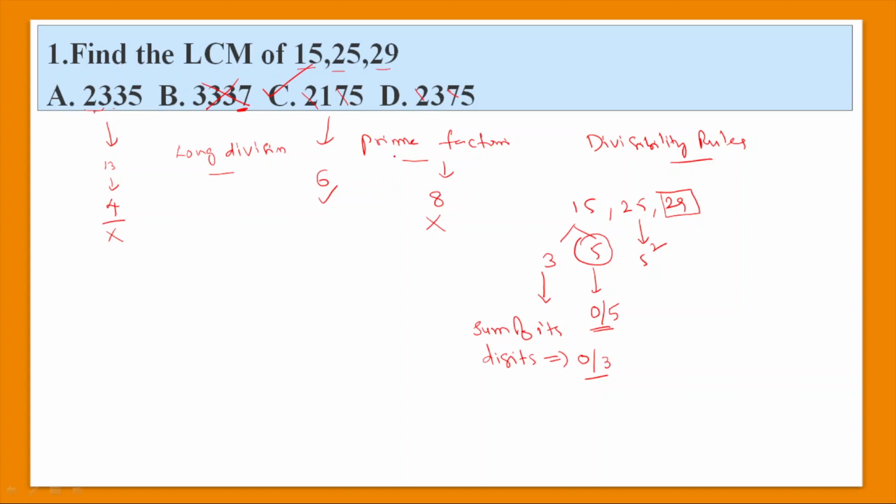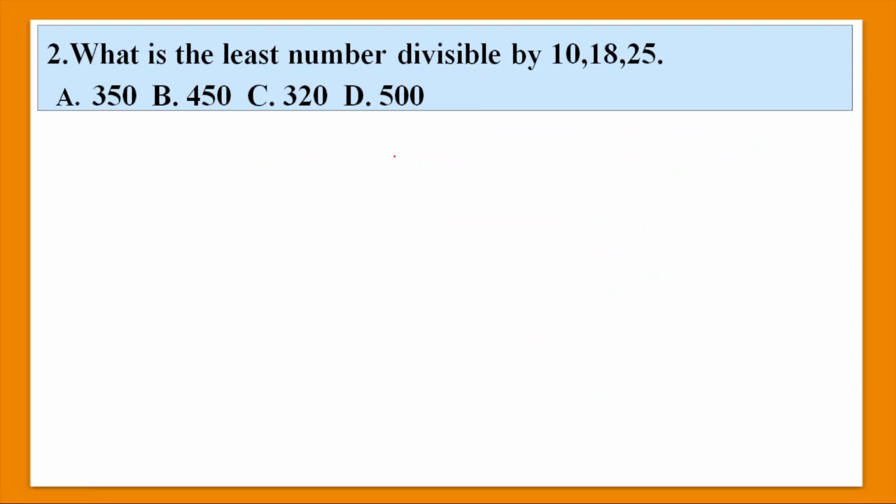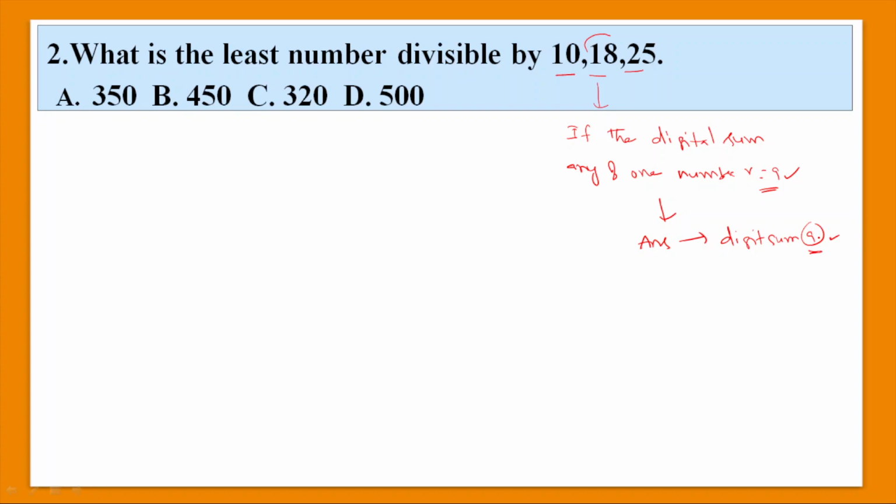Let us go for the next question. What is the least number divisible by 10, 18, 25? If the digital sum of any one number given in the question is 9, then in the answer also a digital sum of 9 must be present in order to satisfy the equation.